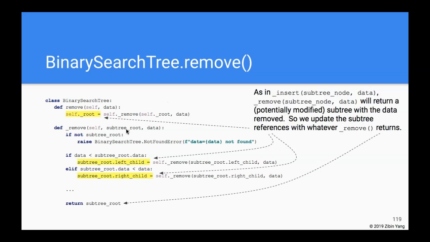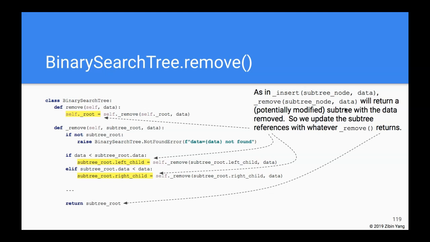A few things to note, even for these patterns that we've already seen. Just like the private recursive version of insert, the private recursive version of remove will return a subtree with the data removed.